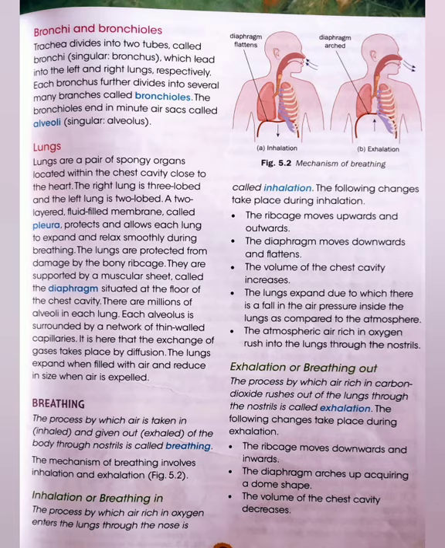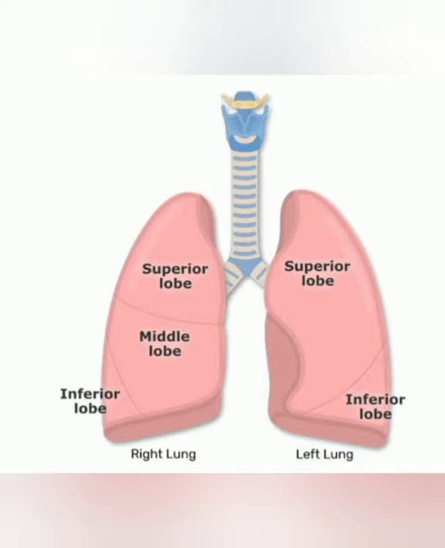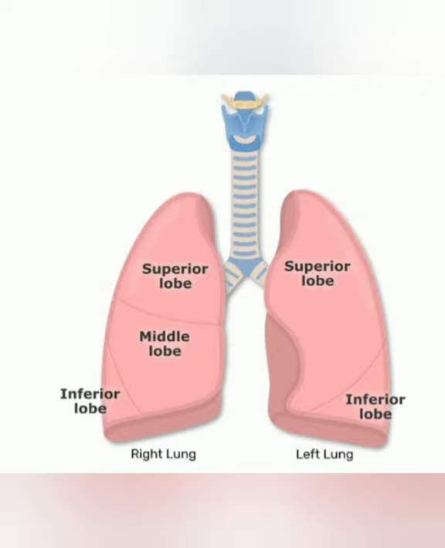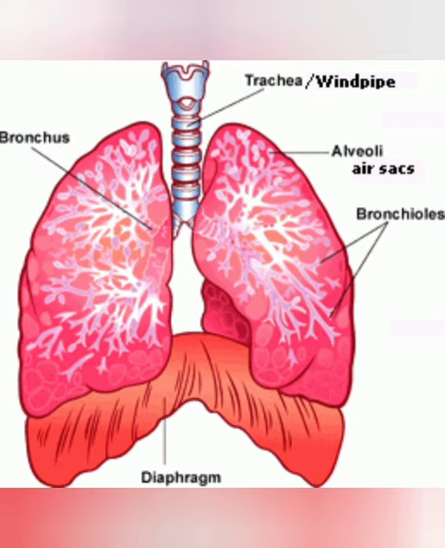The next topic is lungs. Lungs are a pair of spongy organs located within the chest cavity close to the heart, and they are divided in the form of lobes. The right lung is three-lobed and the left lung is two-lobed. A two-layered fluid-filled membrane called pleura protects and allows each lung to expand and relax smoothly during breathing.